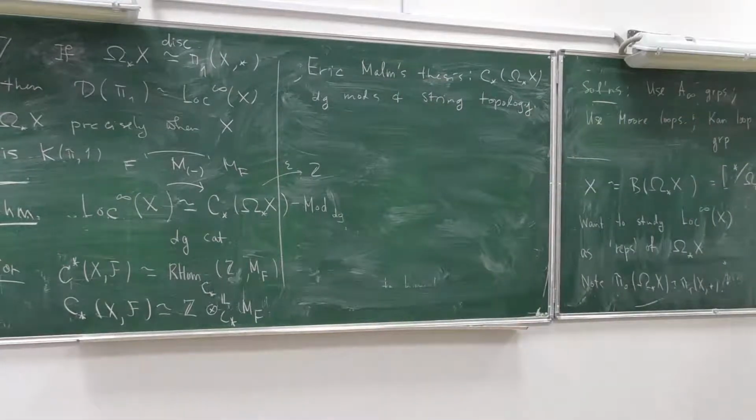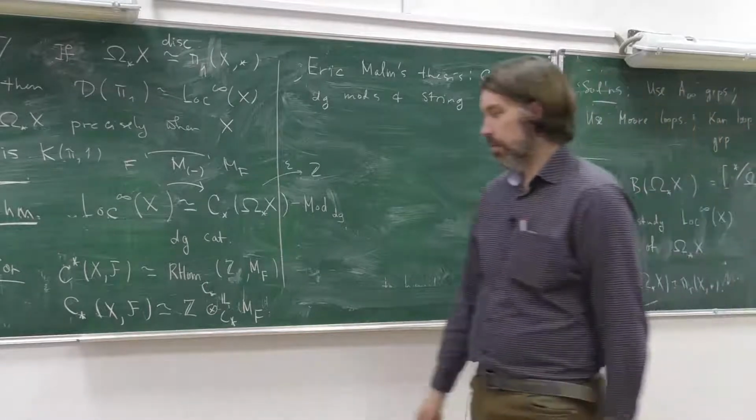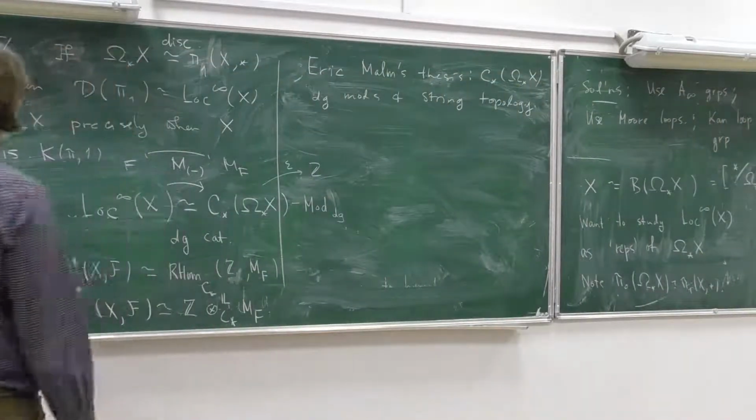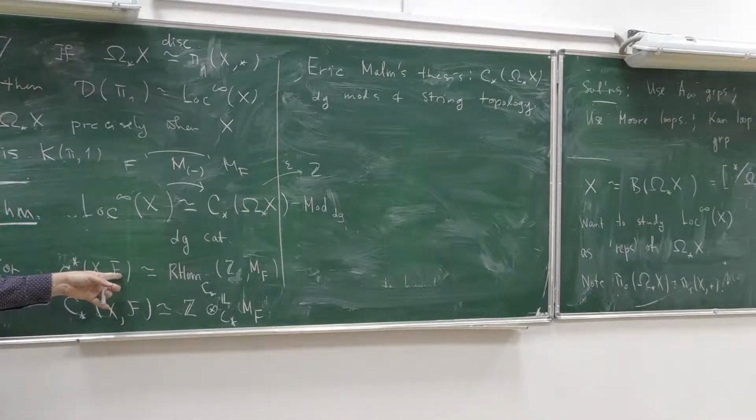Sorry, what do you mean by the left-hand side of the corollary? What is C star? Cochains of X with coefficients in this local system, so twisted cochains. You mean it's applicable only for F being a local system, not an object in the derived category?